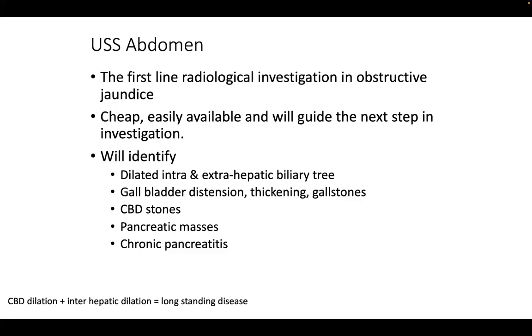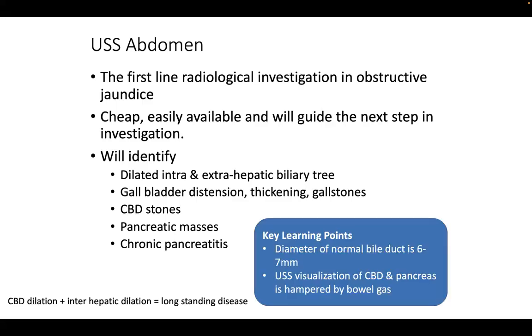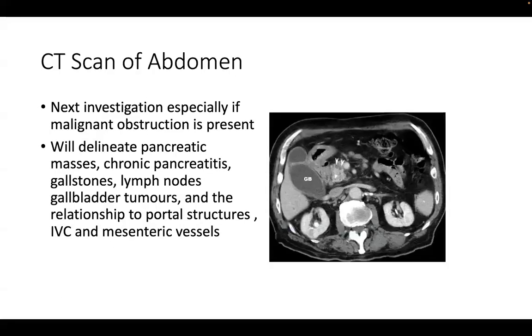If in your ultrasound scan you find a CBD dilatation plus an intrahepatic dilatation, this will indicate a long-standing disease. The key learning points are in Dulantha's notes: the diameter of the normal bile duct is about 6 to 7 millimeters.